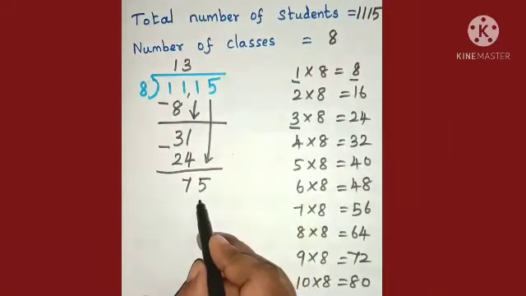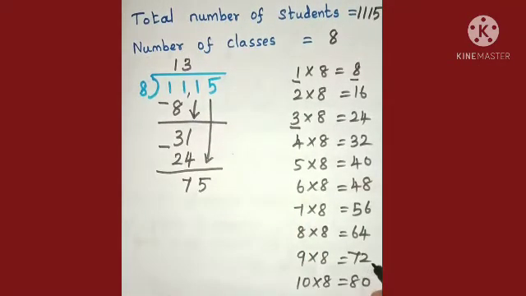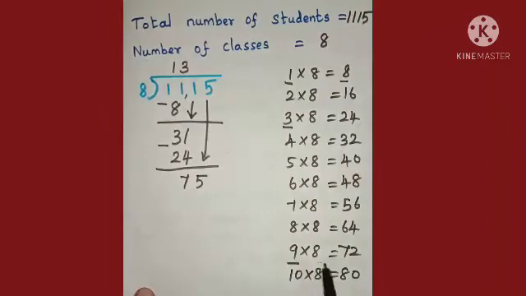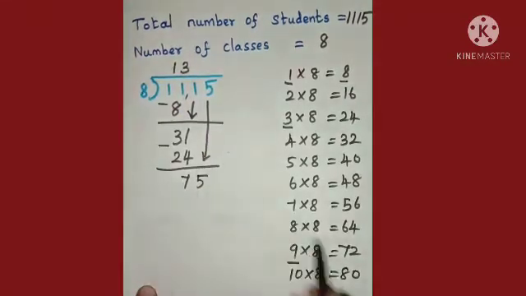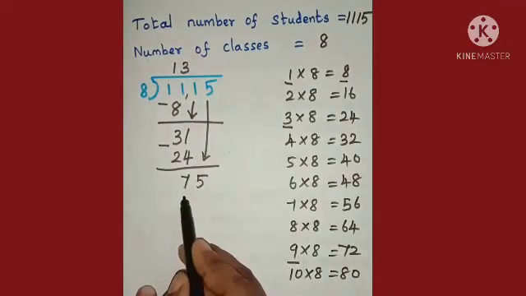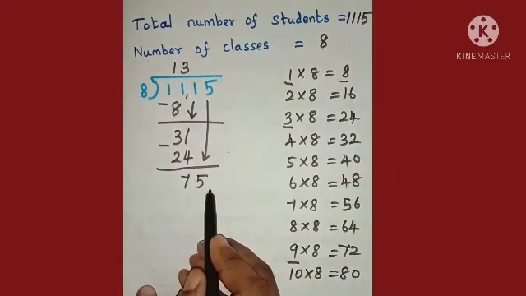Listen carefully. Here 75 lies between 72 and 80. The smaller value is 72. 9 8s are 72. Write down 9 at the top of the long division bar, in the quotient place. And 8 is the divisor and 72 under the value 75.